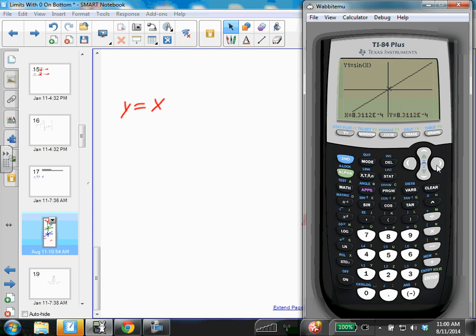But this is the graph. I haven't changed the graph. This is still the graph of the sine function, right? So here's my point. Whenever the sine function is really, really close to 0, write this down: when sine is really close to 0, you get out what you put in.